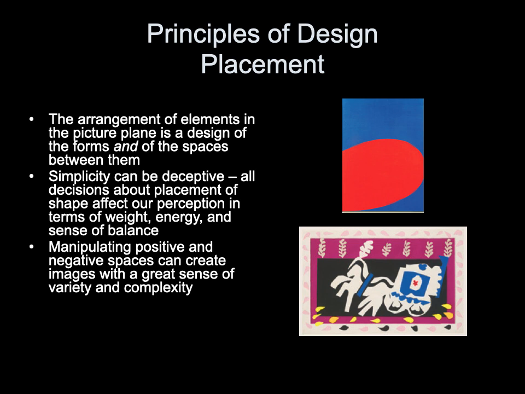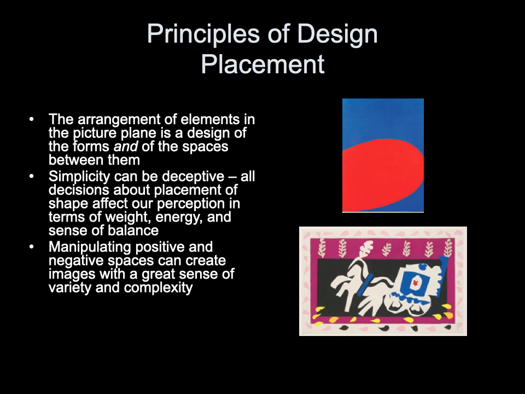The arrangement of elements in the picture plane is the design of the forms and the spaces between them. Simplicity can be deceptive. As you see here at the top, we have a work by Ellsworth Kelly, Red Blue, from 1954. And this is non-objective, non-representational. We cannot tell exactly what the subject matter is, but we do perceive it as this red-colored shape coming in on top of a blue background.